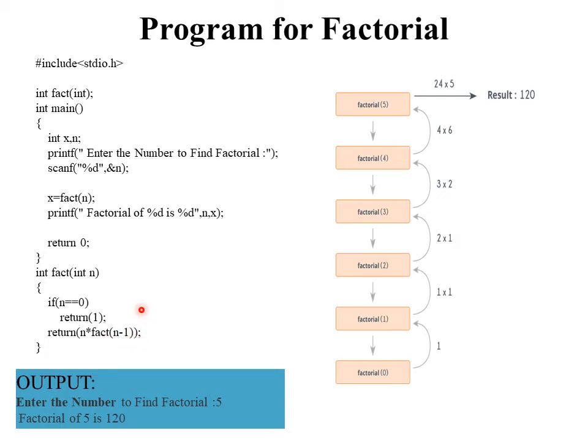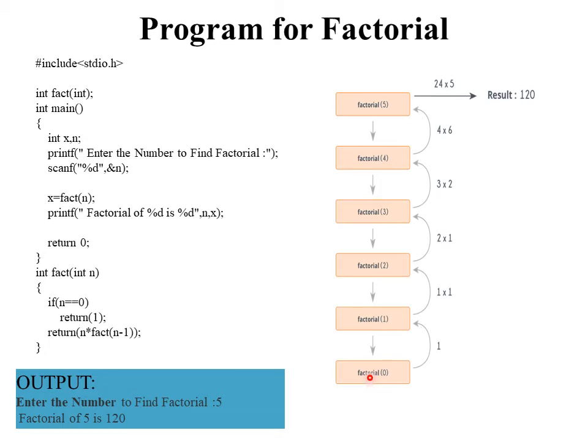Again this fact function calls itself. This function repeatedly calls itself until we get 0. See here in this figure, first the value of n is 5, then 4, then 3, then 2, then 1 and then 0. This means the function is recursively calling itself.